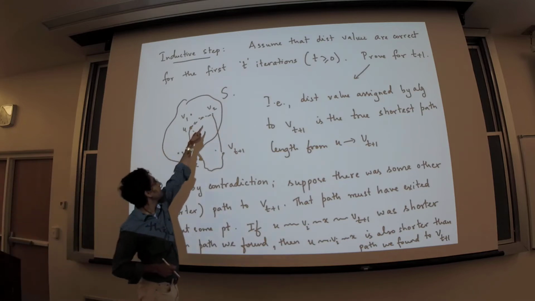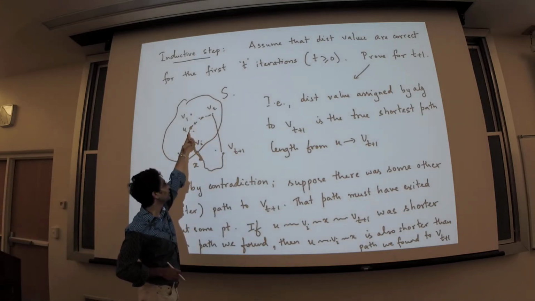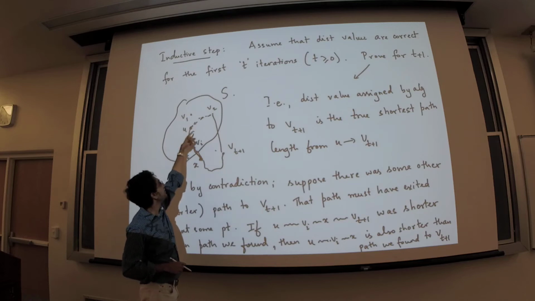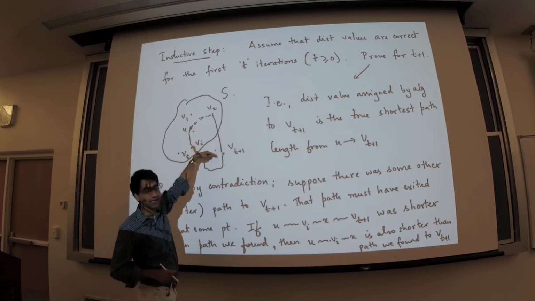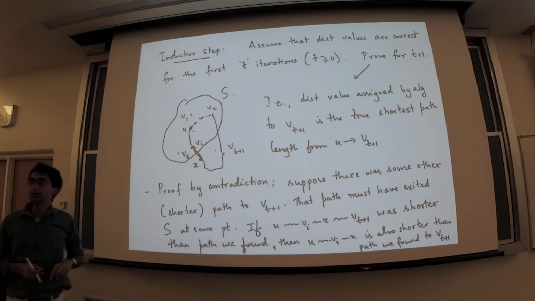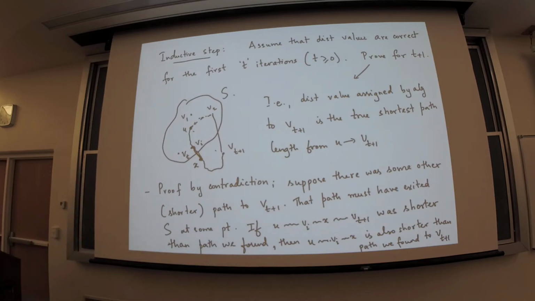The V2 that I drew in this picture could have been U itself, in which case that edge would have been the direct edge. So S always contains U, and S is only increasing.